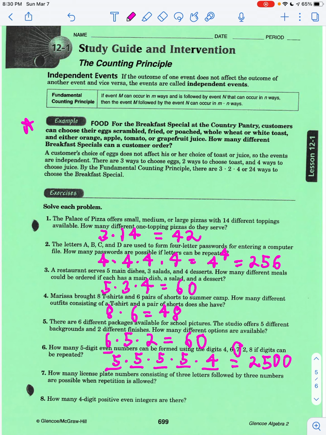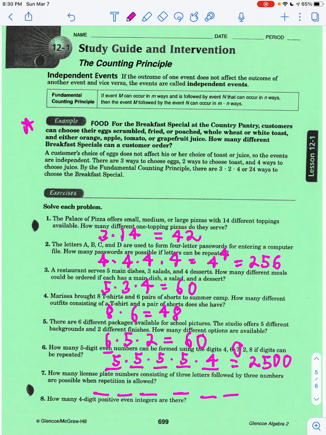How about number 7? This is the classic standardized test question. How many license plate numbers consisting of 3 letters followed by 3 numbers are possible when repetition is allowed? So how many letters are in the alphabet? Hopefully you know that's 26.